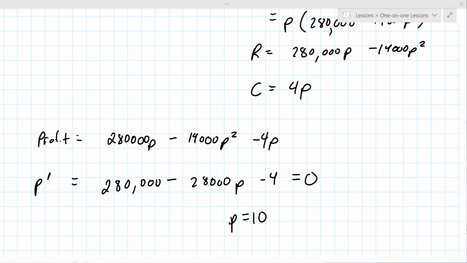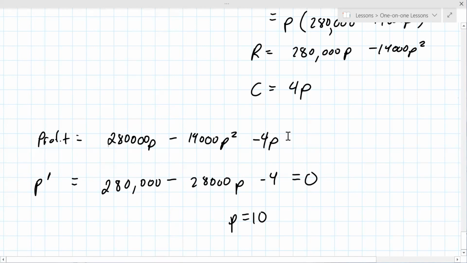I feel like I'm missing something that I'm trying to check here. Okay. Yeah. I messed up here. So I don't know why I did this.